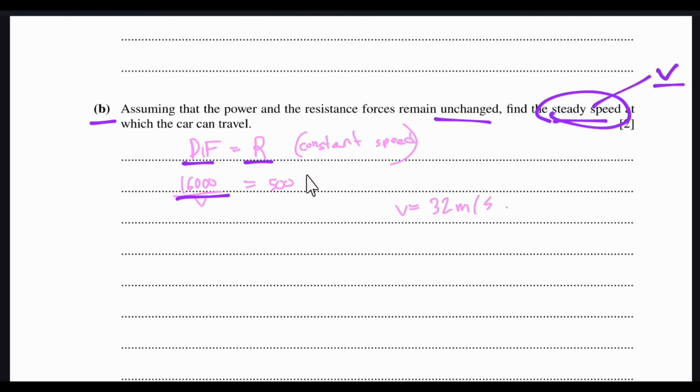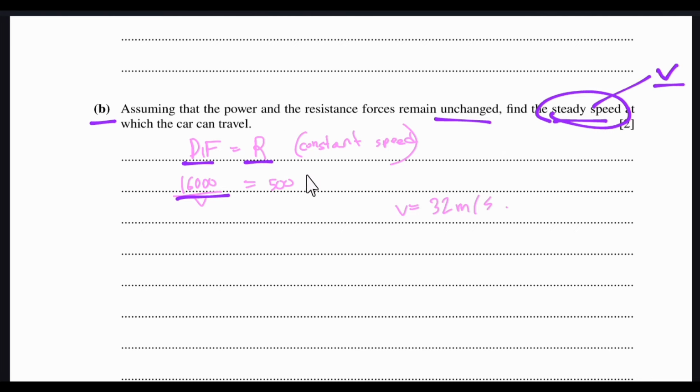So this is the work done against resistance, or WR. The time taken to ascend the hill is 15 seconds, that is from the bottom to the top it takes 15 seconds to travel. Given that the speed of the car at the bottom is 20 meter per second, find the speed at the top of the hill. So we need to find the speed, that is V, at the top of the hill.